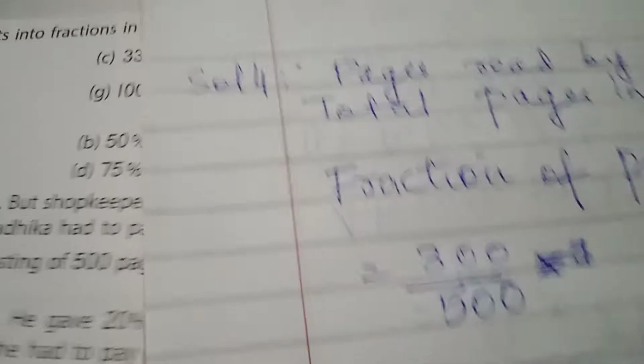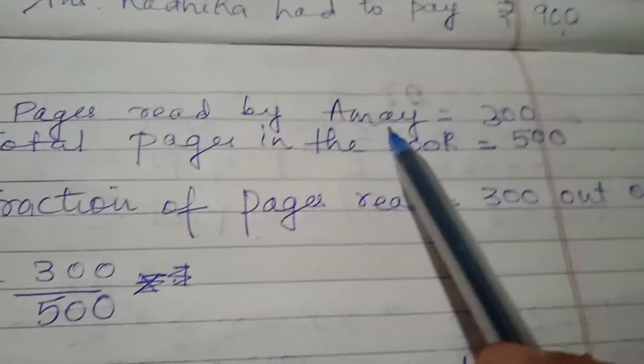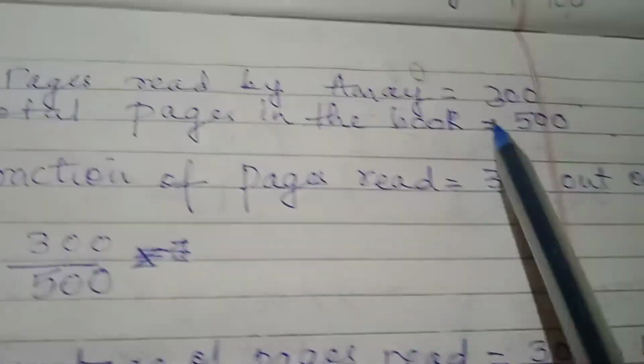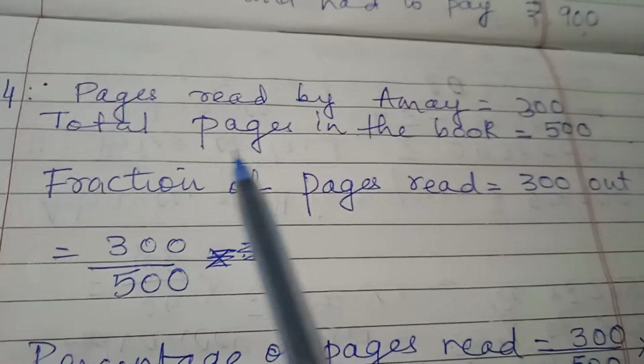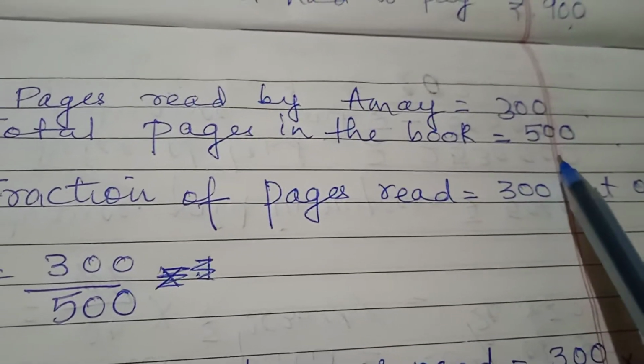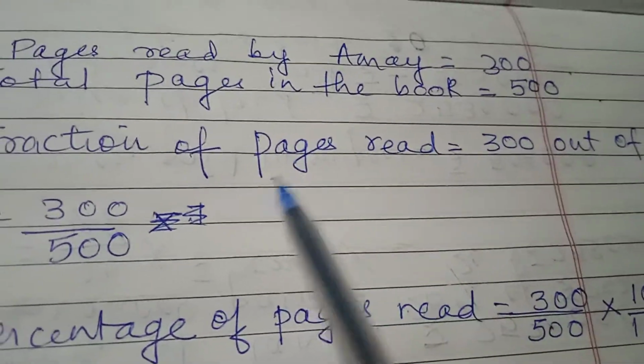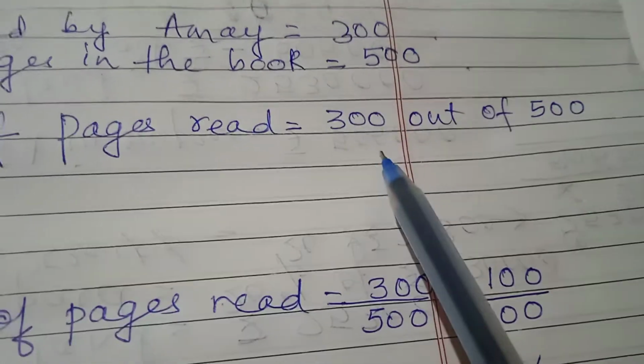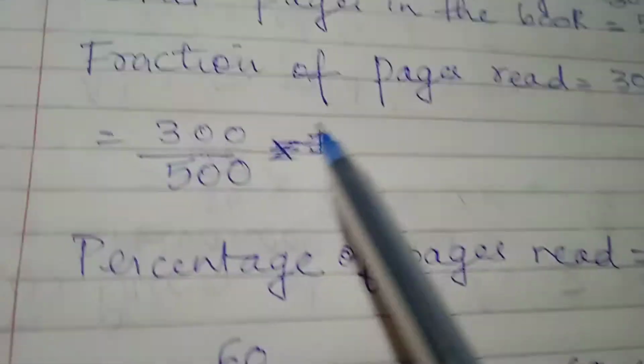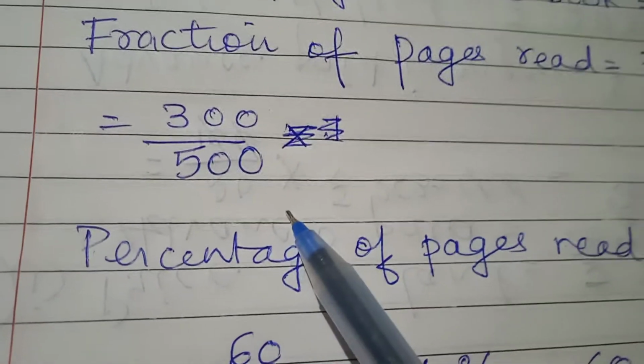Well, let us see what the solution has for us. So let's see. Pages read by Amay is 300 pages, okay? And total pages in that particular book is 500 pages. So the fraction of the pages read is 300 pages out of 500 pages. That means if we write it in fractions, 300 out of 500.